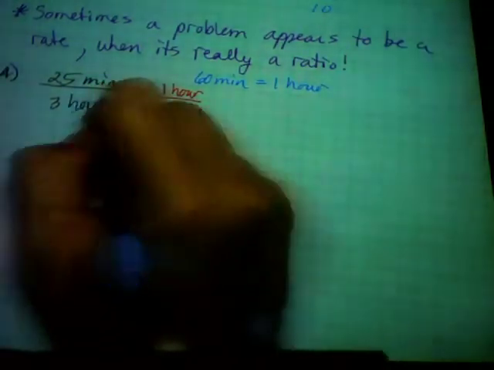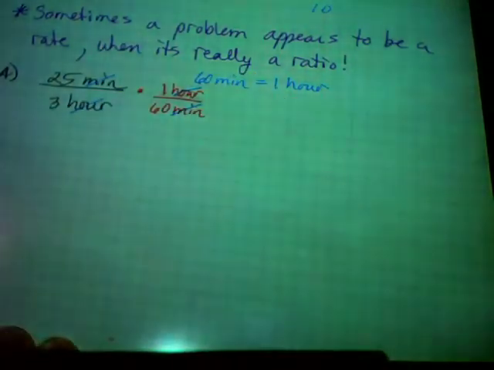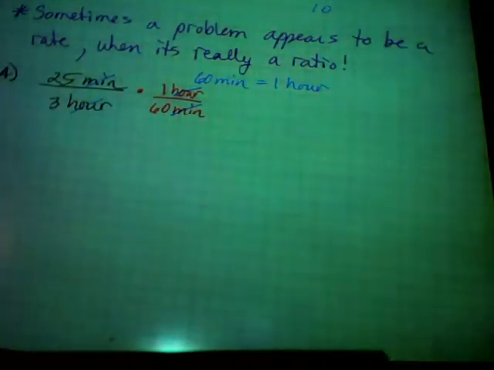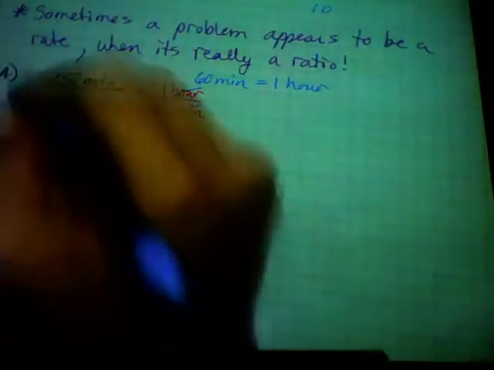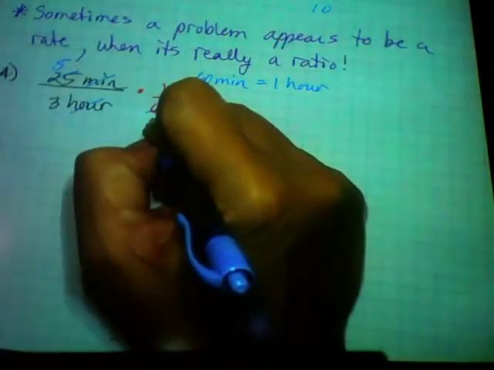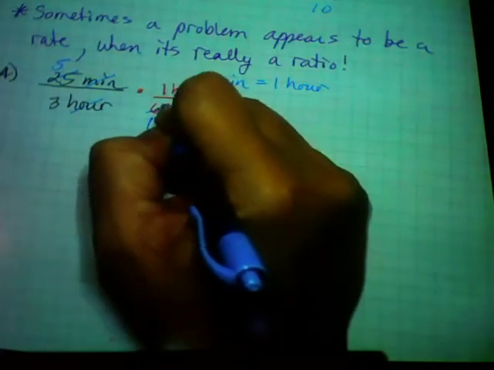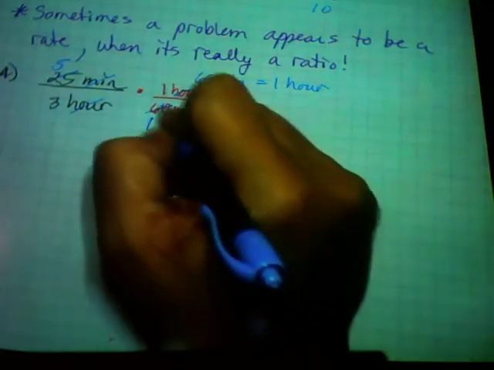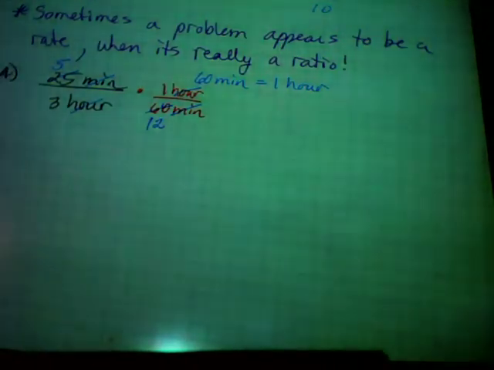So don't your hours cancel out? And don't your minutes cancel out? What else can cancel? What cancels with 25 and 60? 5. So 5 goes into 25 5 times and into 60: 5 goes into 6 once, with 1 left over, 5 goes into 10 twice. Isn't 5 times 12 60?